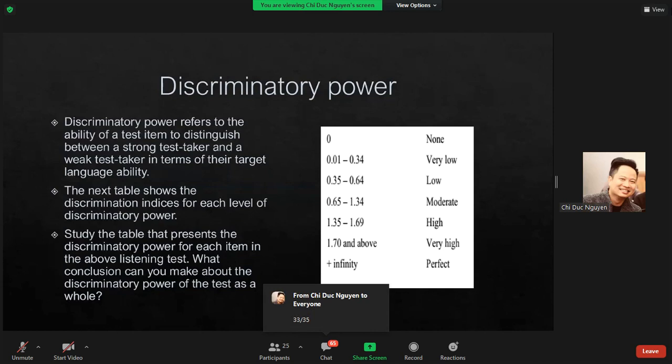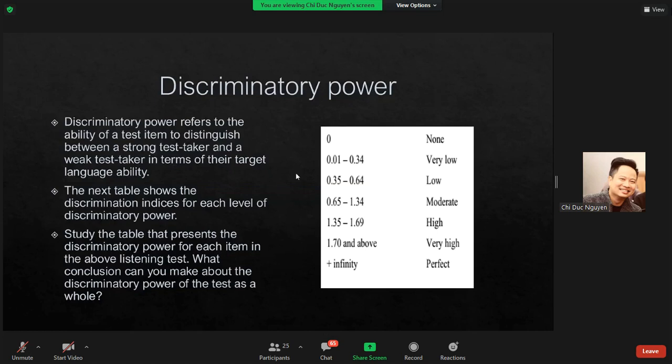Only 2 items have very low discriminatory power, that are item number 9 and number 11, I guess. Yeah, so that is the reason why we say that this test has a very high discrimination power. And in this way, the test would be able to classify the students' listening ability into at least 3 levels as we expect, like levels 3, 4, and 5, and even smaller groups within each level.